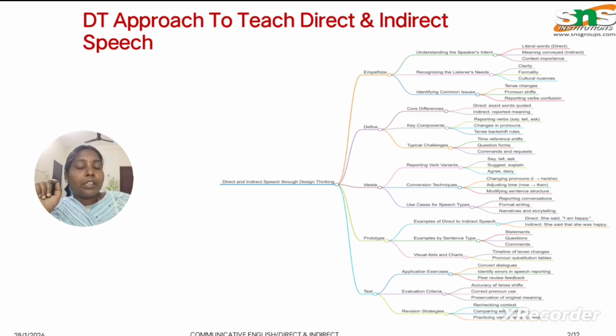And coming back to the part of applying the 5 stages of design thinking. The first one is the literal word, that is the actual word of the speaker, and the meaning conveyed and how it denotes. What are all the problems? Most of the time people fail to identify the tense form.